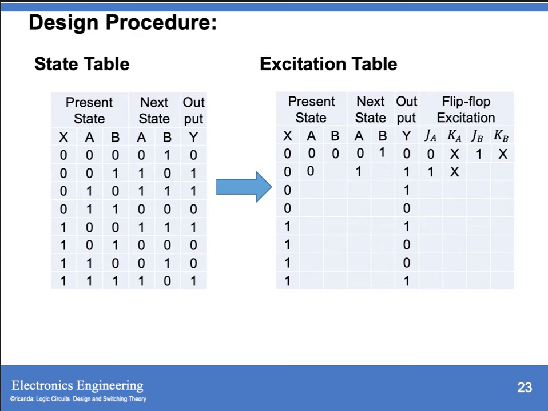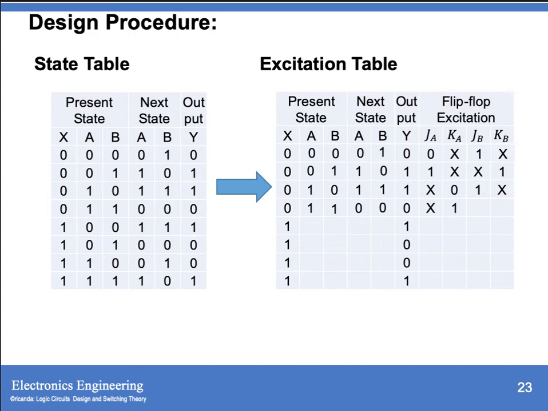So that is 1x. Then we have 1 going to 0 for your B, so that is equivalent to x1. Then next, we have 1 to 1, so it is equivalent to x0. Then we have 0 to 1, it is equivalent to 1x. Next, we have 1 to 0, it is equivalent to x1.